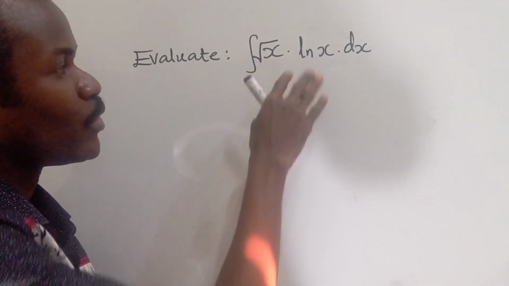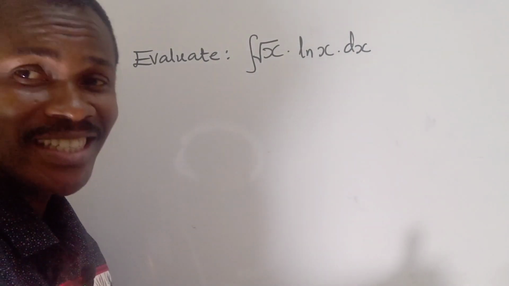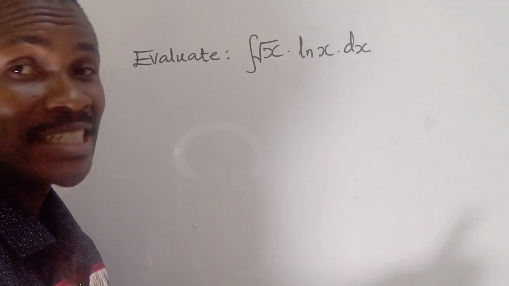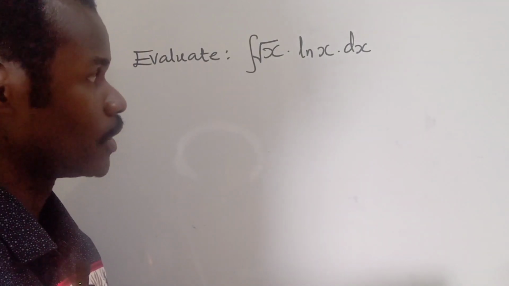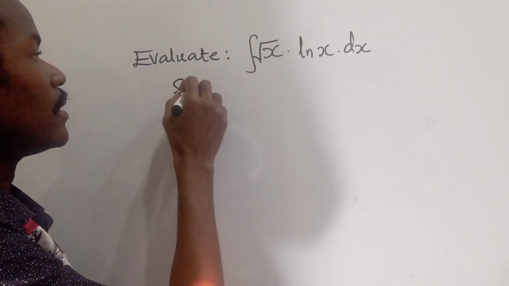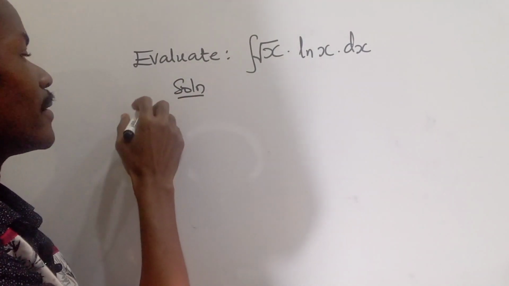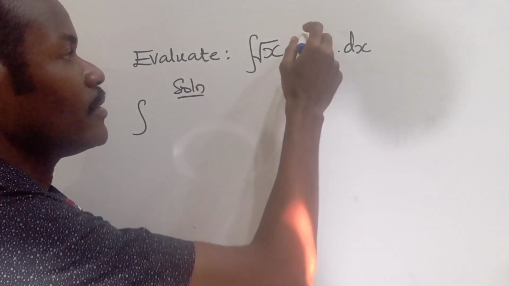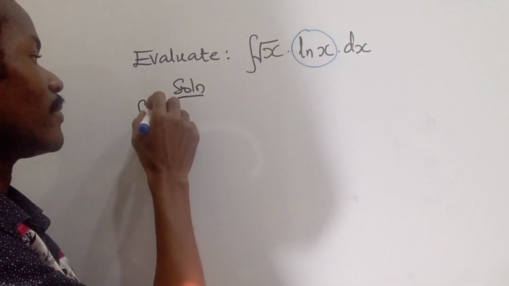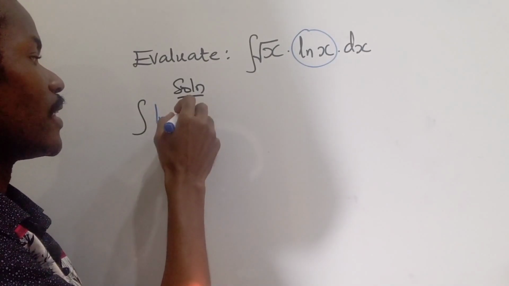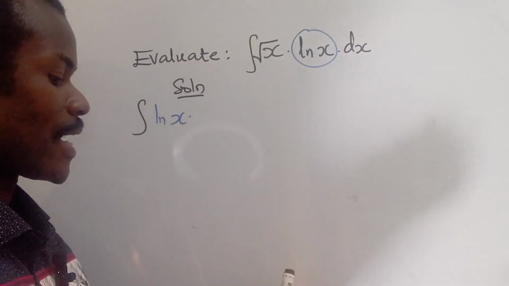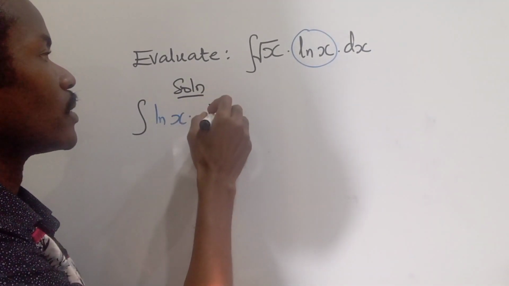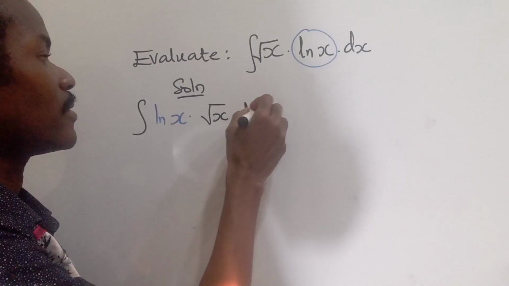Alright, so let's look at this problem on integrals, and I can see that we can solve this using integration by parts. Our solution to this, I can decide to rearrange this. I want to have this as my u, so we have natural log of x, multiplied by the square root of x dx.